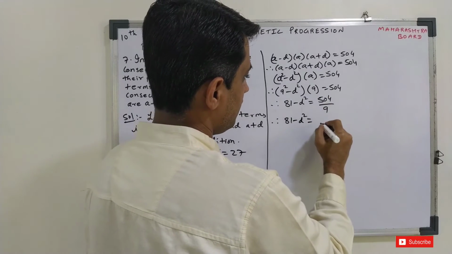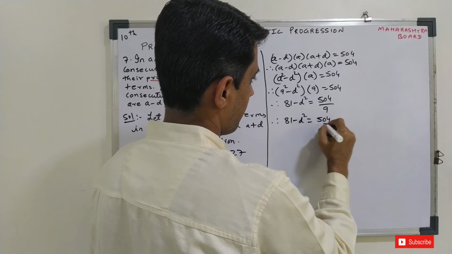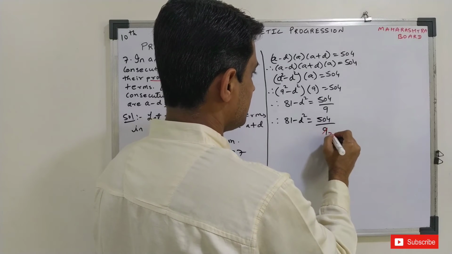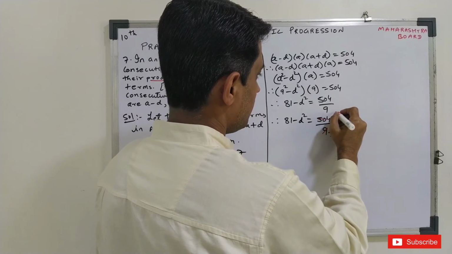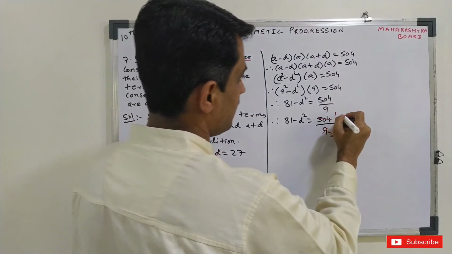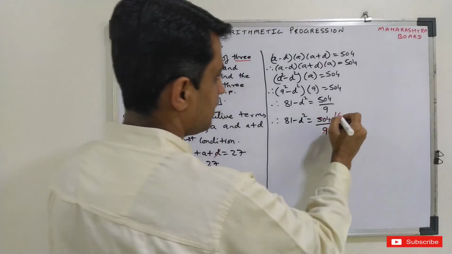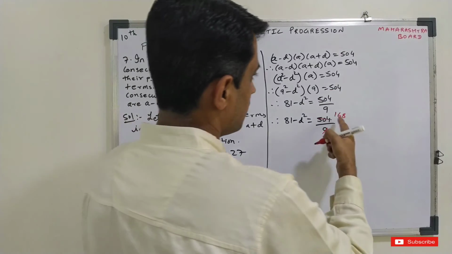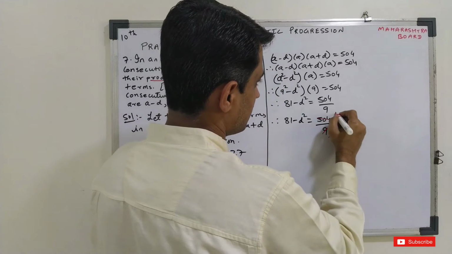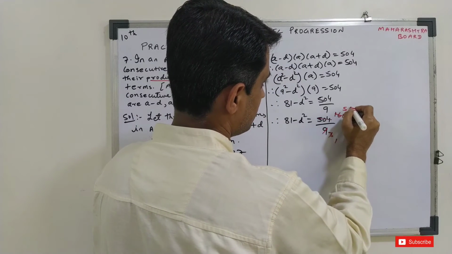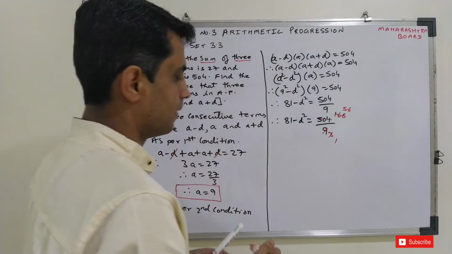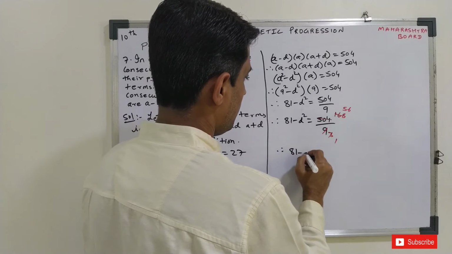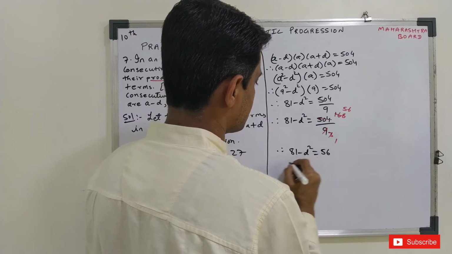Let us divide by 3. 3 3s are 9, 3 1s are 3, 2 will be there, 3 6s are 18, 3 8s are 24. That is 168. Now again divide by 3. 3 1s are 3, 3 5s are 15, 3 6s are 18. So what we will get here? 81 minus D square is equal to 56.